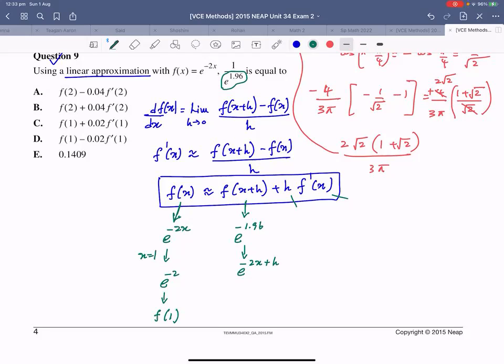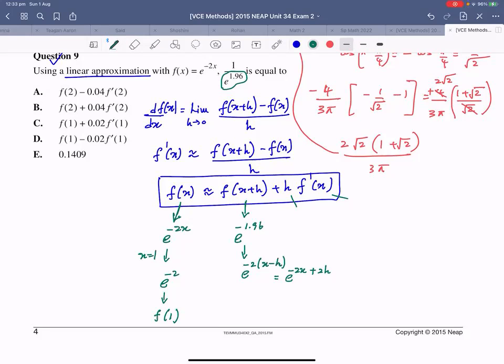Let me write it properly: e to the minus 2 times x plus h. So if you do that, you get e to the minus 2x plus 2h here. Again, I did a minus here because your h is minus.